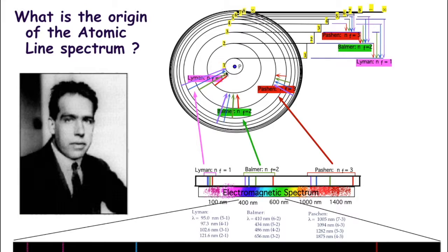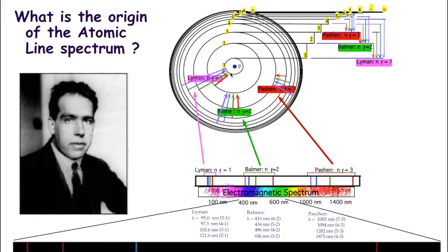Let's look at the Lyman series: electrons are promoted to a higher energy state, and the electrons in the high energy state make a transition from where they are to the ground state. That's called Lyman, and that's in the visible spectrum.